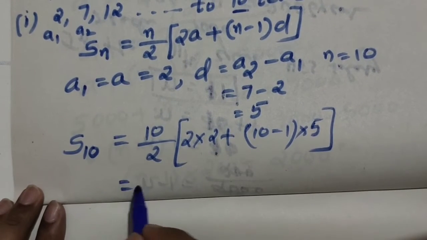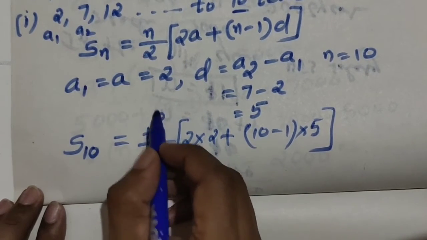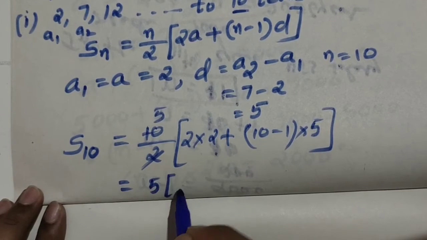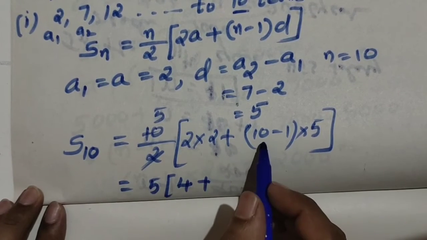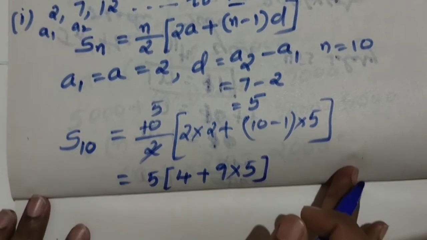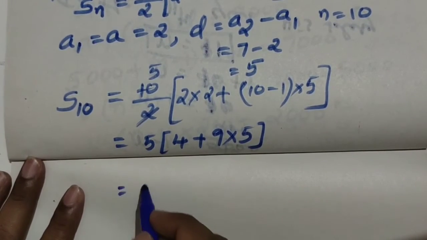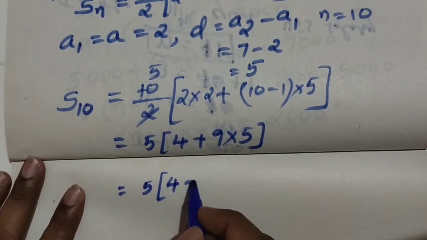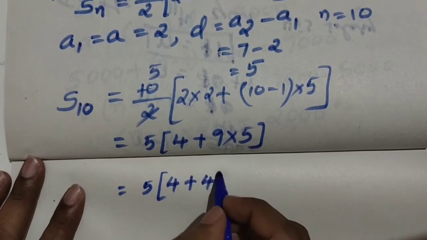Now here by cancellation we get 5 into (4 plus 9 into 5). Then next we get simply 5 into (4 plus 9 into 5, 45).